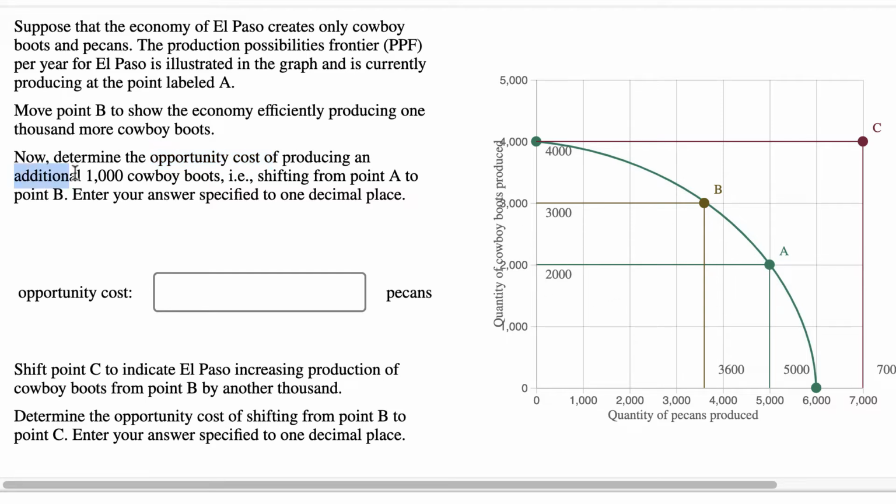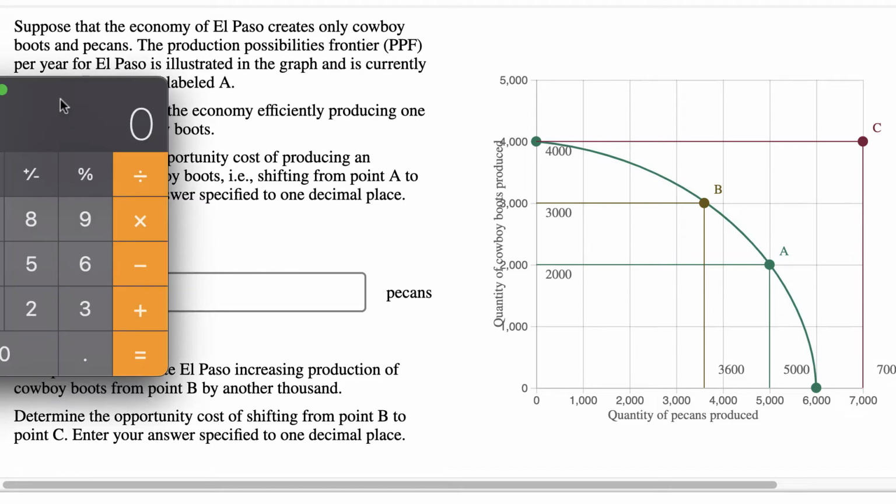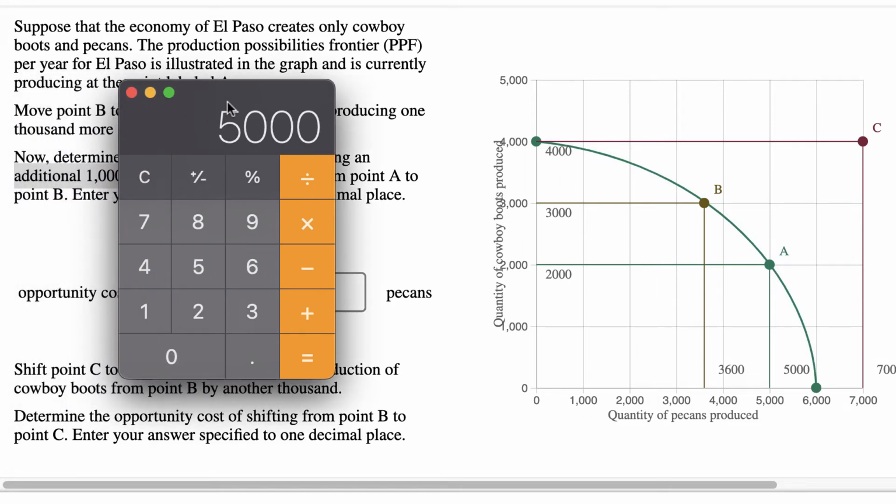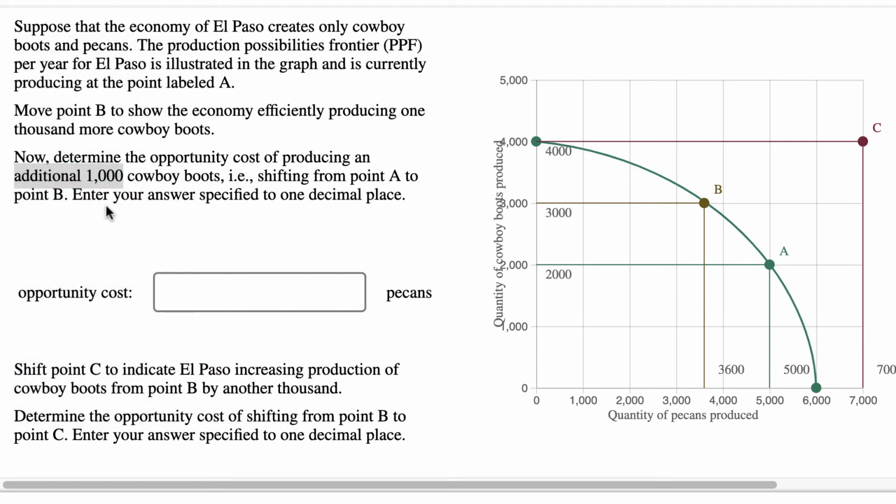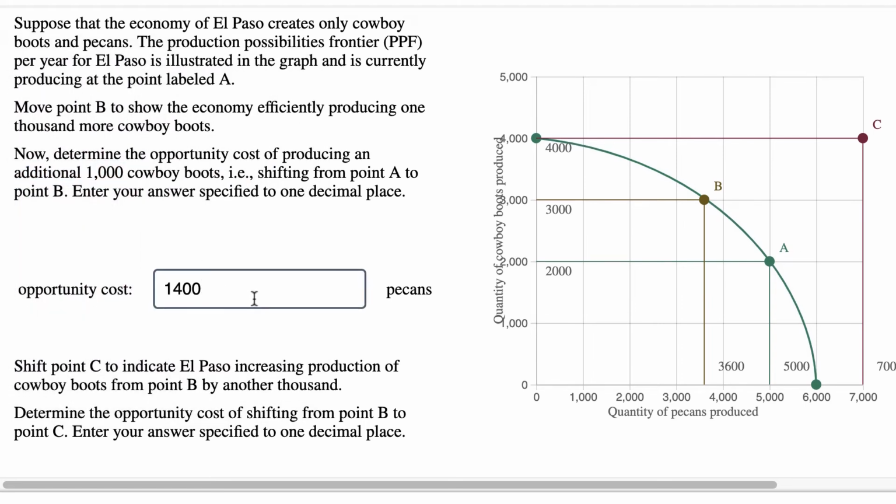That's the additional 1,000. How much down did we have to go? Well, we went from 5,000 to 3,600. 5,000 minus 3,600, 1,400 is our difference. So the opportunity cost is 1,400 pecans.